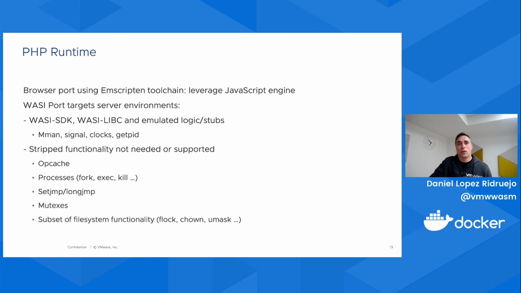There is not, for example, the concept of processes in WebAssembly being able to execute other processes, so that is not supported. Some of it is there, and for the most part, file system access is there, but things like changing permissions will basically not work or be ignored. And even with all these restrictions, you can run very complex, very sophisticated applications like WordPress, and we'll be seeing that during the demo.